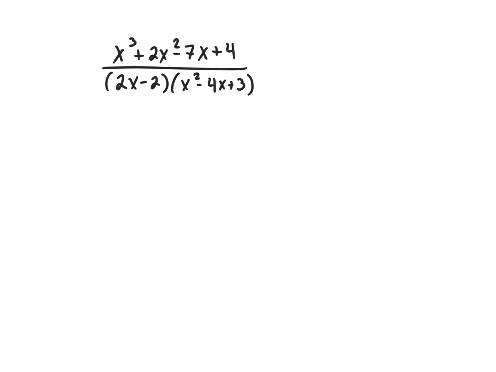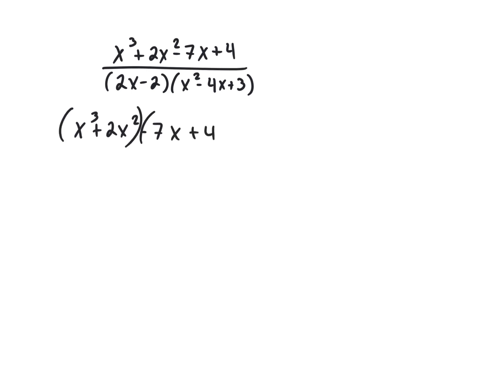Now, I'm going to try and see if I can take the greatest common factor or grouping. Yeah, I will have to group the numerator. So I'm just going to rewrite it down here: x cubed plus 2x squared minus 7x plus 4.